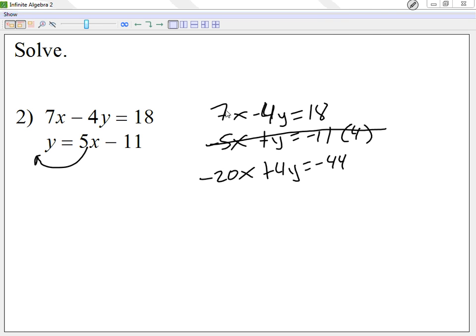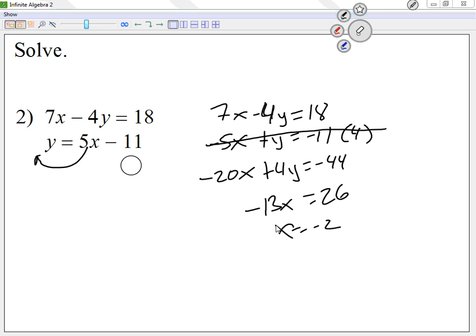So when I combine the x's, I get negative 13x. 18 and negative 44 have different signs, so subtract and keep the sign of the larger one. That gives me 26, so x must be negative 2. To solve for y, use any equation that you have.